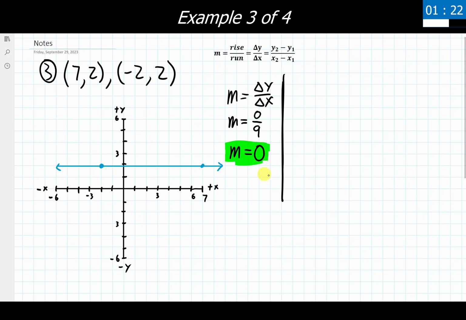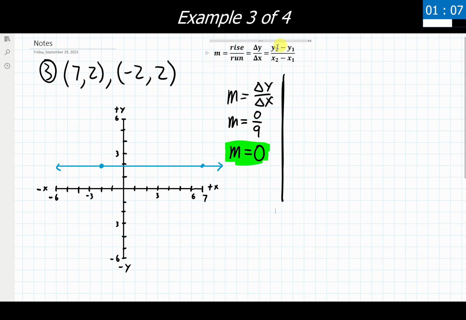So whenever we see this kind of a graph showing up, a horizontal graph, whether it's up here, here, right on the x-axis, way down here, anywhere in that horizontal line has a slope of 0. Let's go through and I'll write this out and solve it algebraically as well.